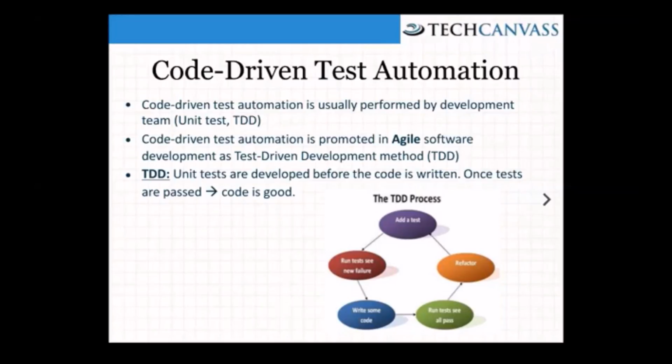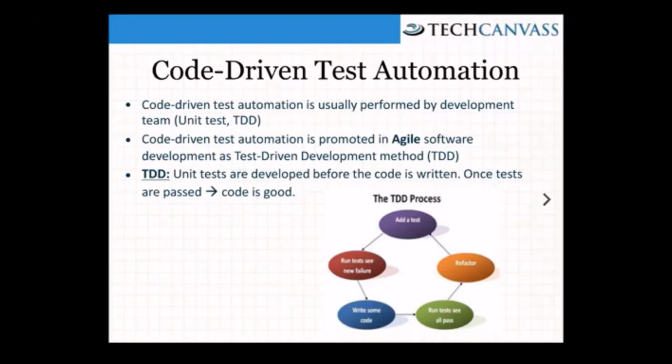If a Gmail developer has not written code for compose button, the test will fail, correct? But what developers do, they write the test first, make them fail, and then they develop the code such that each test is passed. Okay, such that each and all tests are passing. They develop a code such that all tests are passing. So code-driven test automation is promoted in agile software development. Okay.